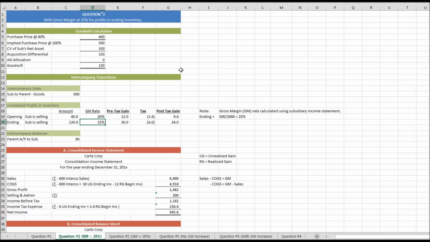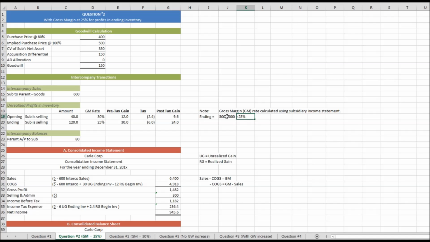And if you extrapolate from the current year, you get 25%. You can see that right over here. And so for profit in ending inventory, basically we take the 500 worth of gross margin, divide it by the 200 worth of sales, and then we get 25% of our gross margin. And like I said, you just extrapolate that from the income statement.